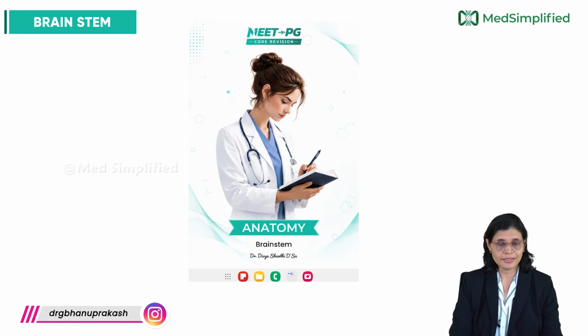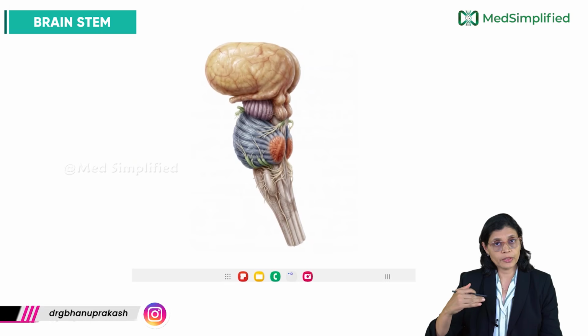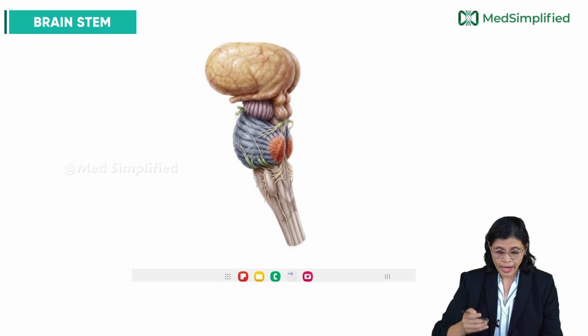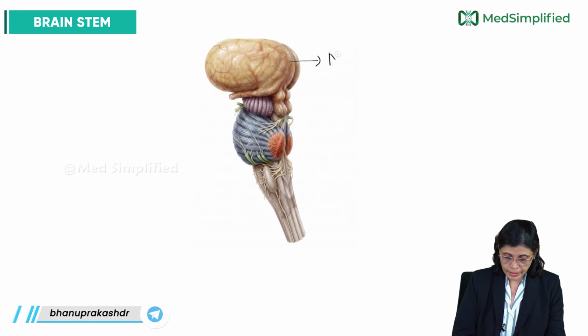So let's get started. The brainstem is the stalk-like part of the brain which connects the spinal cord below to the forebrain above. From above downwards, it consists of the midbrain, the pons and the medulla.